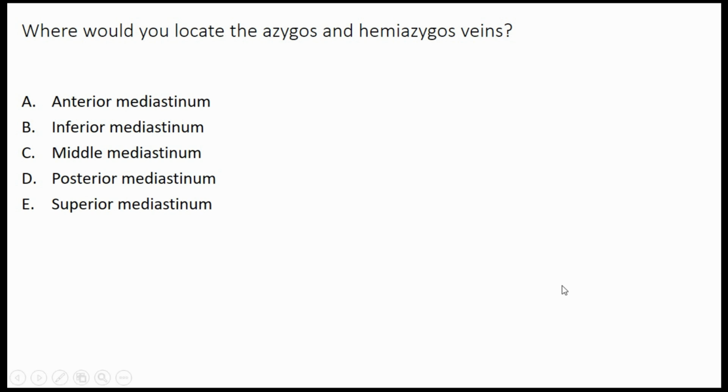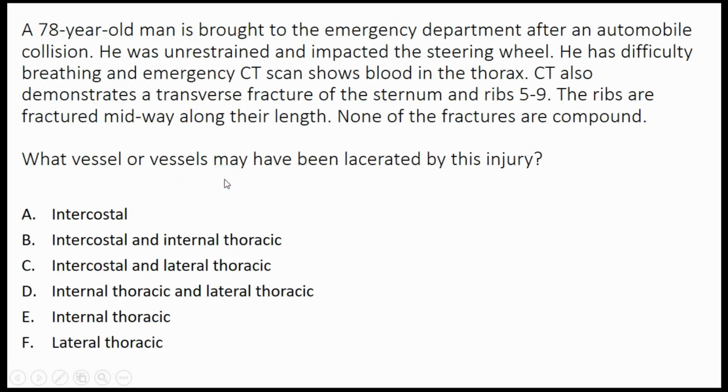Alright, so let's do some questions. Go ahead and pause, take some time to read it, and then I'll come back with the answer. Azygous and hemiazygous veins are going to be in D, the posterior mediastinum. Alright, pause, take a minute, read through the question. And now we're back.